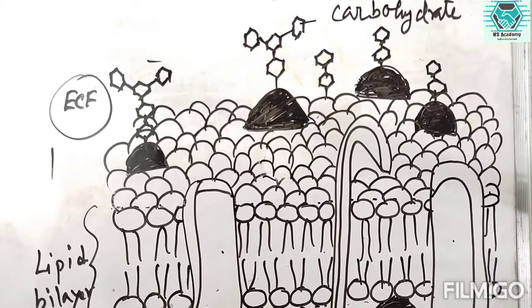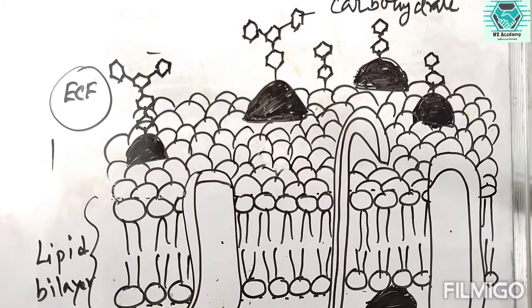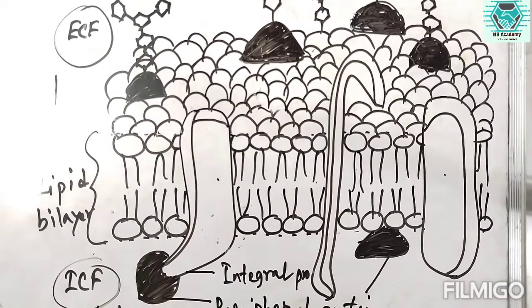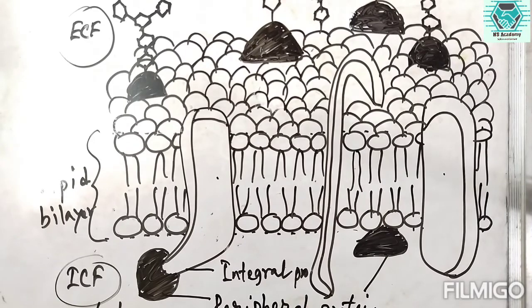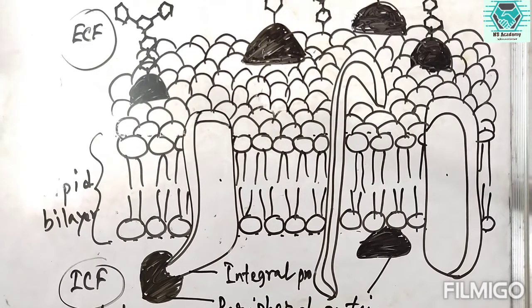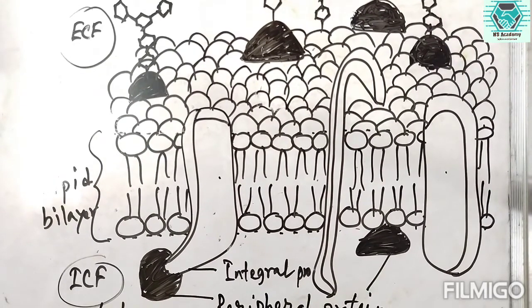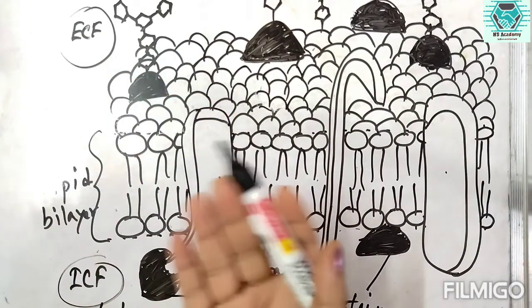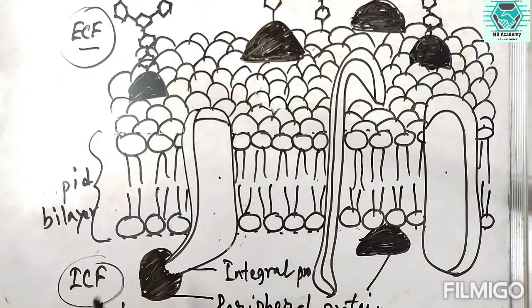So the carbohydrates, proteins and lipids constitute the structure of the plasma membrane. We find the lipid bilayer, the double layer of lipid, with one end adjacent to the ECF and the other adjacent to the ICF.